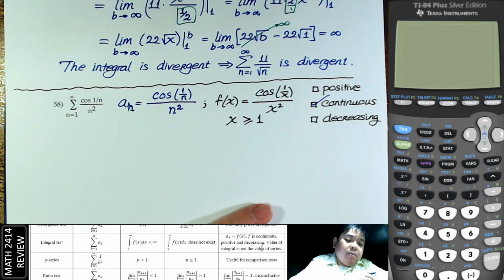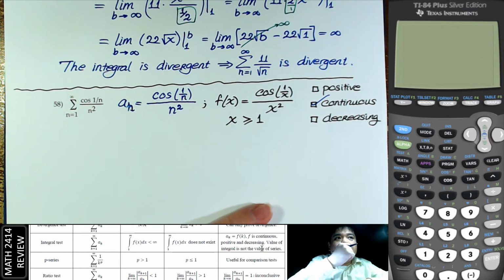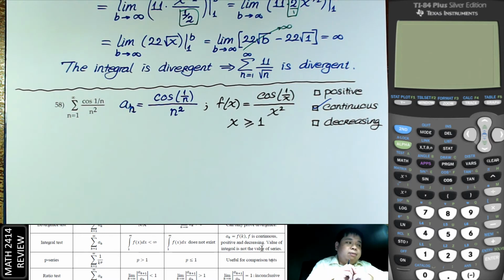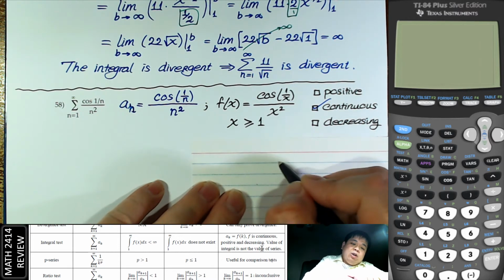So it's continuous. Is it positive? As x goes to infinity, 1 over x is going to be between 0 and 1, right? Think about it. We have a number that is from 1 to infinity.